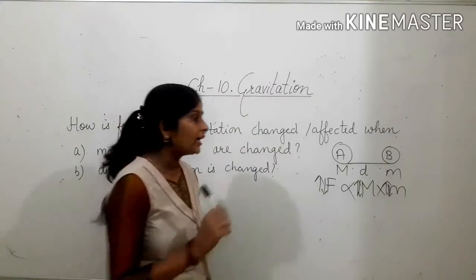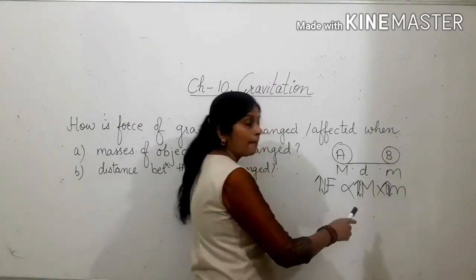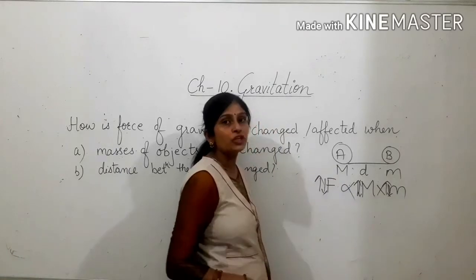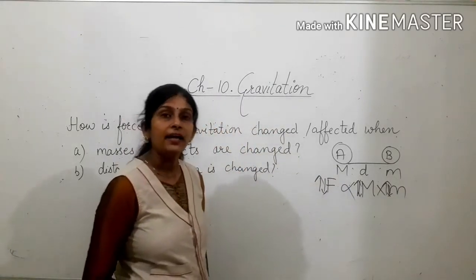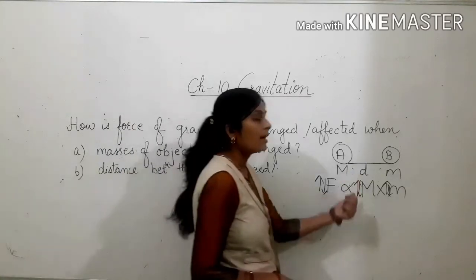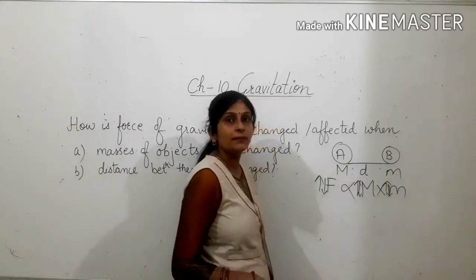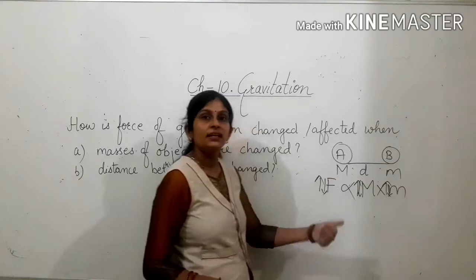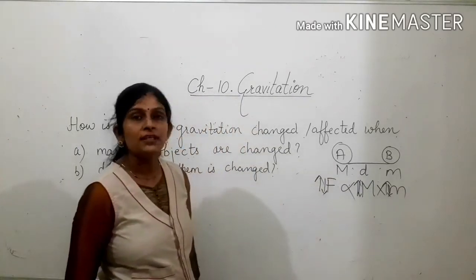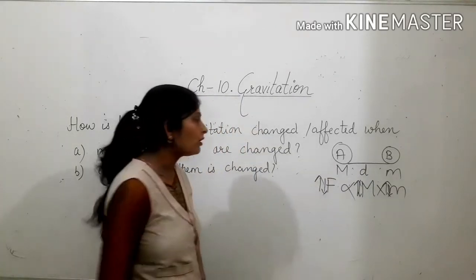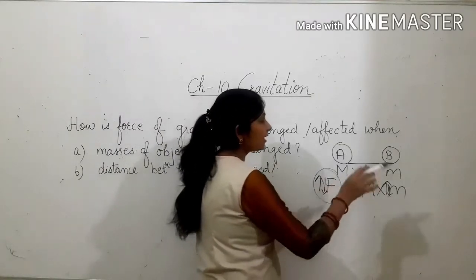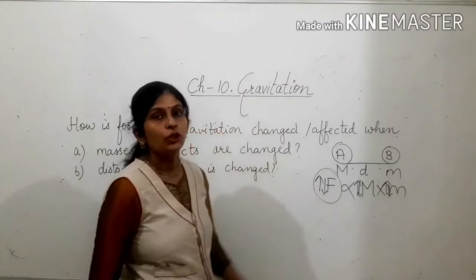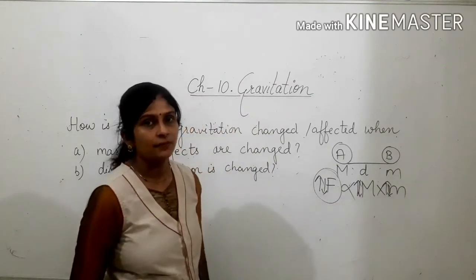One more thing, if the mass of any one of the objects increases, then also force increases. And if the mass of any one of the objects decreases, then also force decreases. So overall, this gravitational force is directly proportional to the masses.